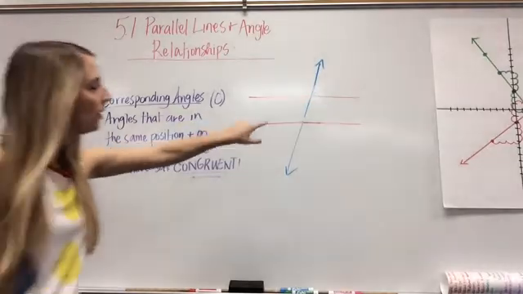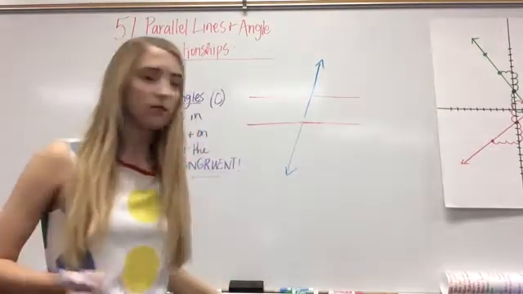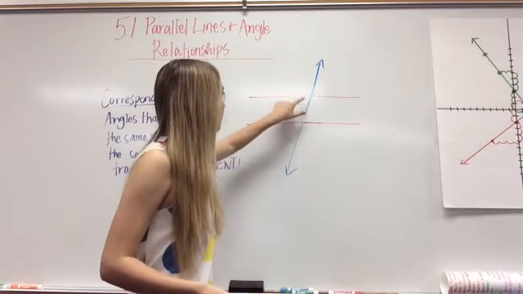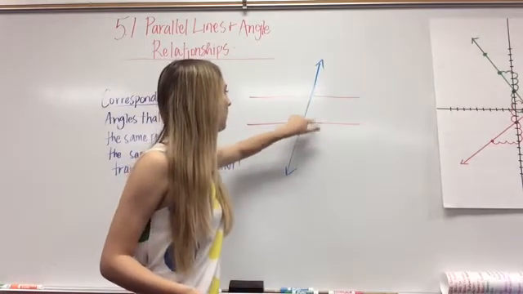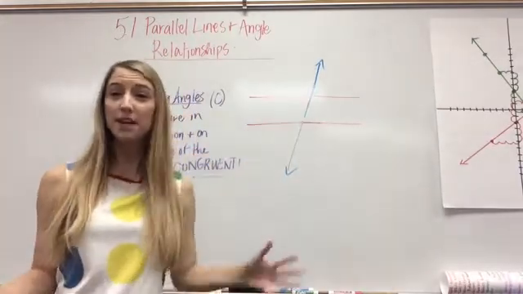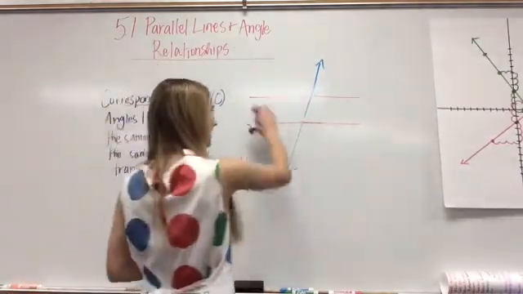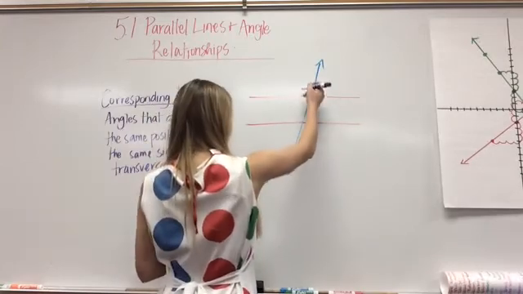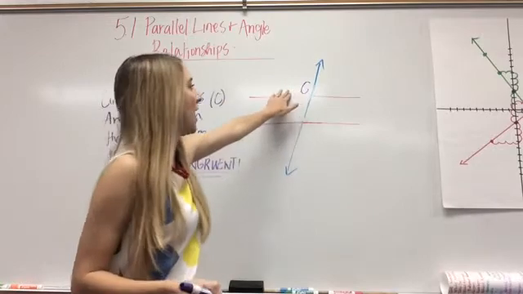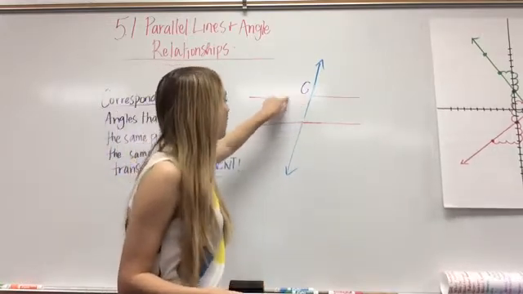Now I'm going to label one set of corresponding angles on our transversal. There's, I think, 4 pairs. 1, 2, 3, 4, 5, 6. Yes, there's 4 pairs. So every angle has the potential to be a corresponding angle since these two lines are parallel. So I'm going to put a C right here because this is a corresponding angle.